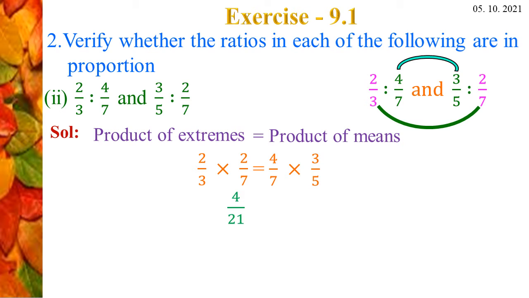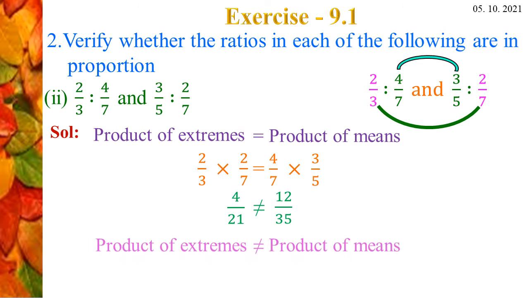2 2s are 4 by 3 7s are 21. We get 4 by 21 equal to 4 3s are 12, 7 5s are 35. We get 12 by 35. So we get 4 by 21 is not equal to 12 by 35.